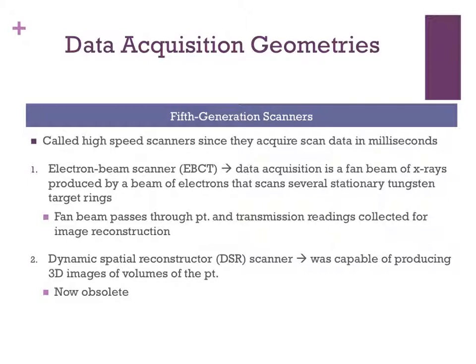We'll start with the 5th generation scanner, and this is called a high-speed scanner since they can acquire scan data in milliseconds. An example of this is the electron beam CT scanner, where the data acquisition is a fan beam of X-rays produced by a beam of electrons that scans several stationary tungsten target rings.